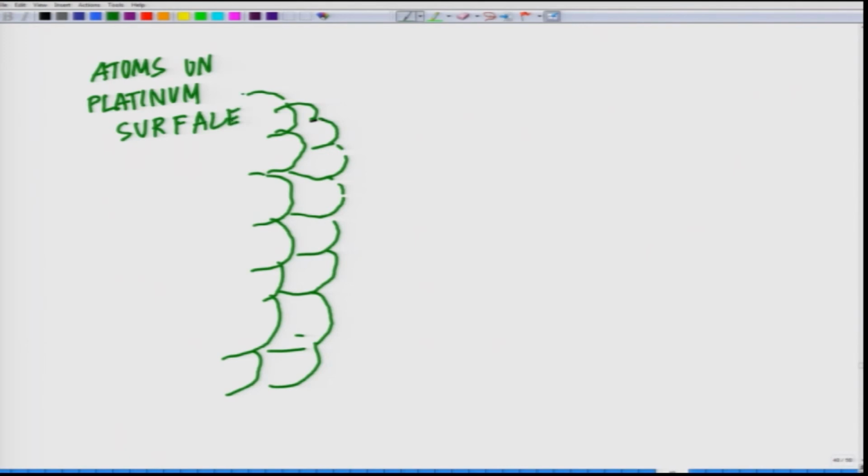Now, it is surrounded by a milieu of a lot of H plus ions, and on the other hand platinum itself is getting a lot of, let me pick up another color, H2 gas which is coming.